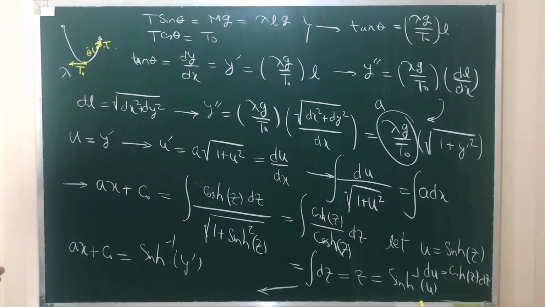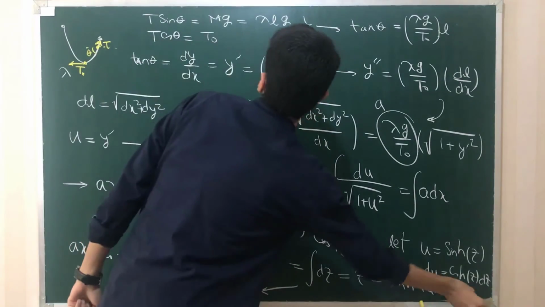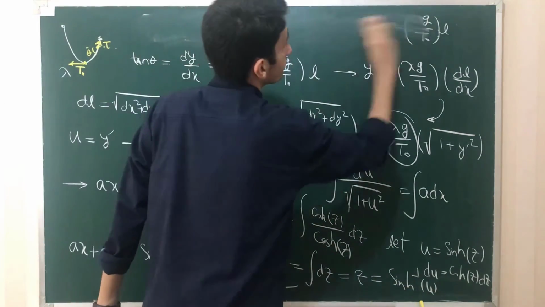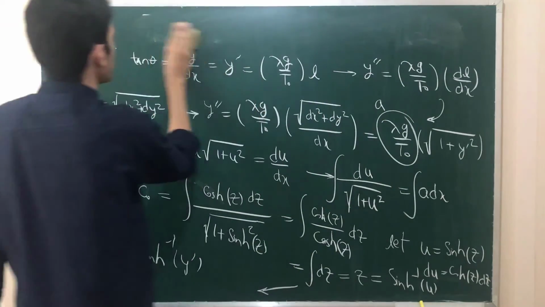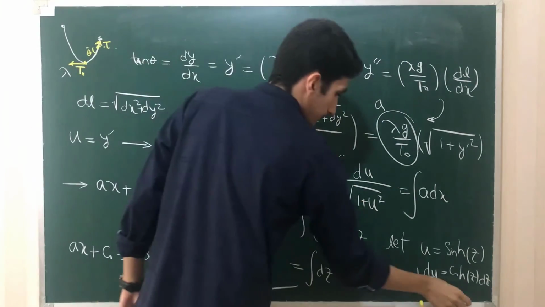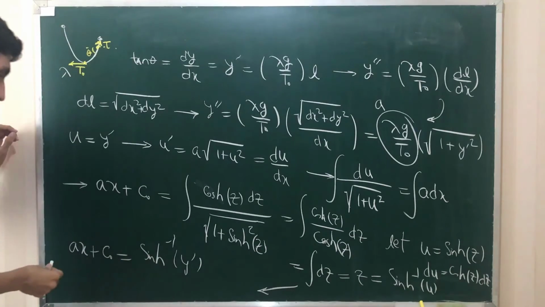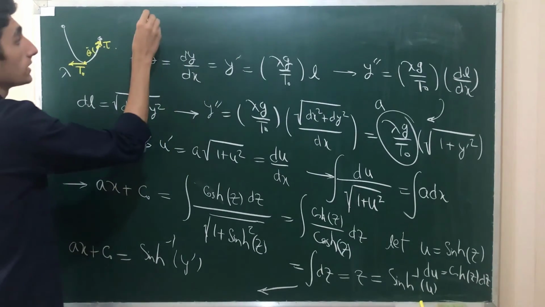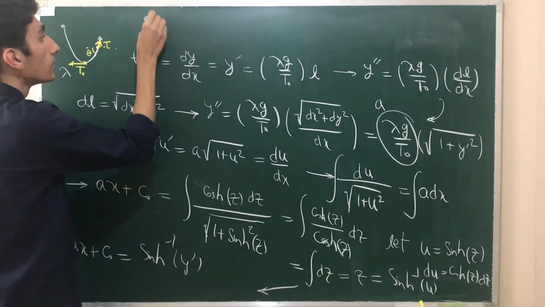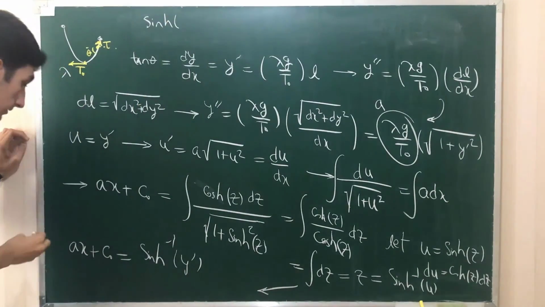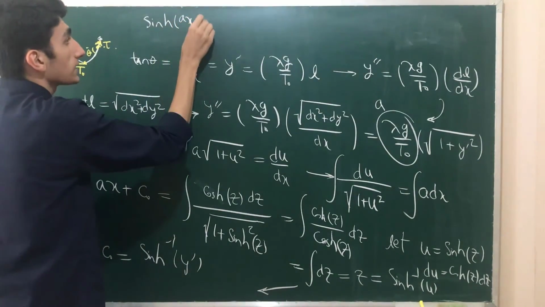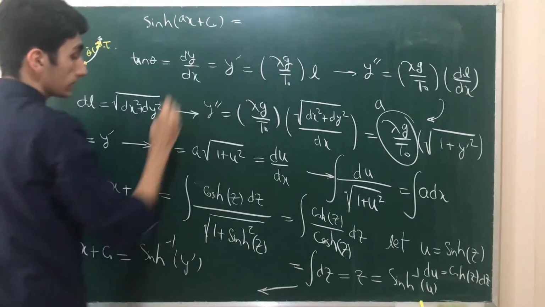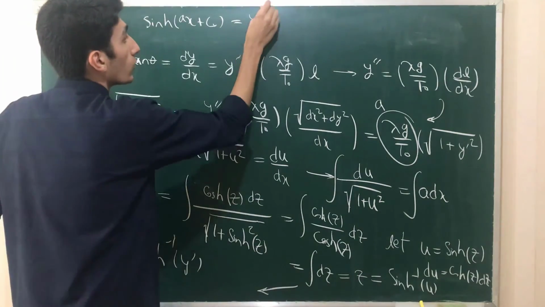Now, let me clean up a little bit. What I have here is the same as hyperbolic sine of a times x plus c0 is equal to y prime.